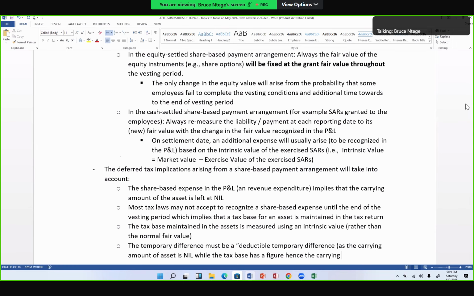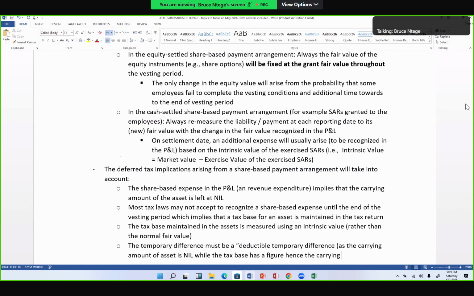I'm scrolling through this document for IAS 12. Yes, here it is. I told you that whenever the carrying amount of an asset, like here where the carrying amount is 0, is less than the tax base, then we have a deductible temporary difference.